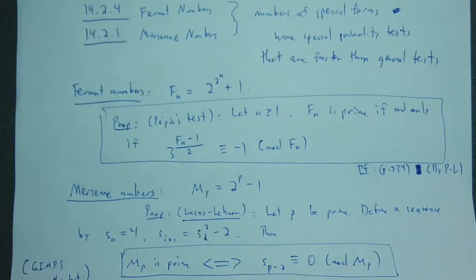Okay. So anyway, that is to give you an idea of something you might do if you needed to show that some given huge number was prime, or even if you needed to come up with some very large prime for cryptographic purposes. How would you do that?